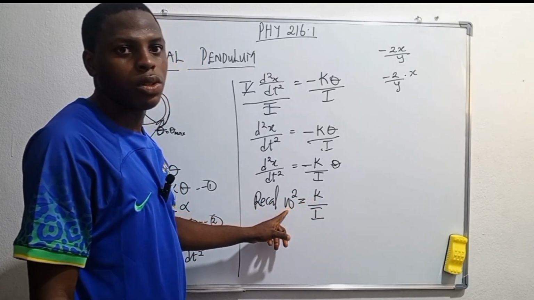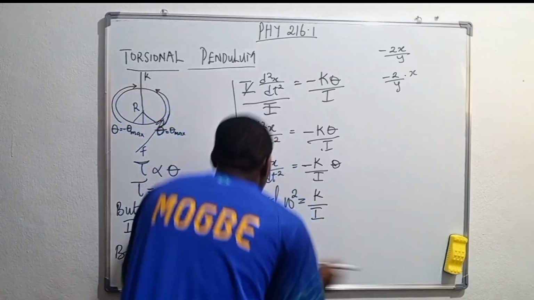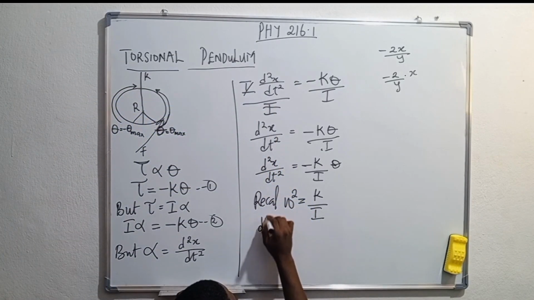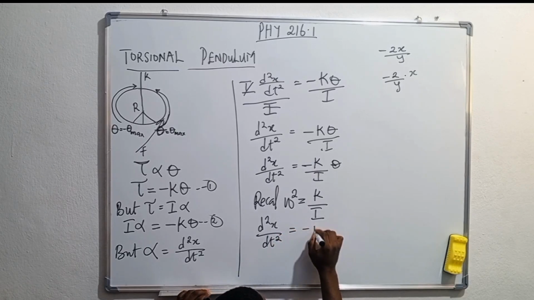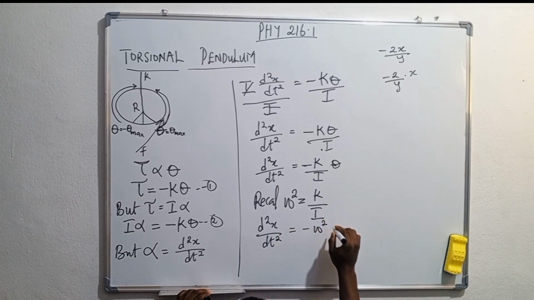We can say this is written as d square x over dt square equal to minus omega square theta.